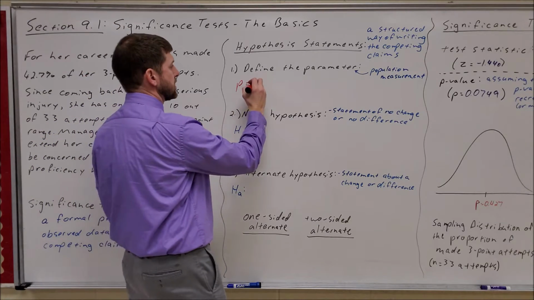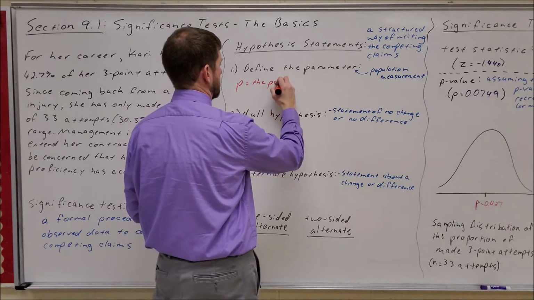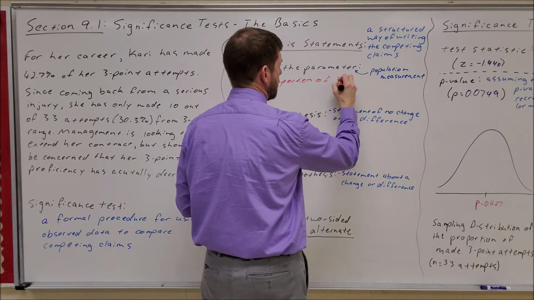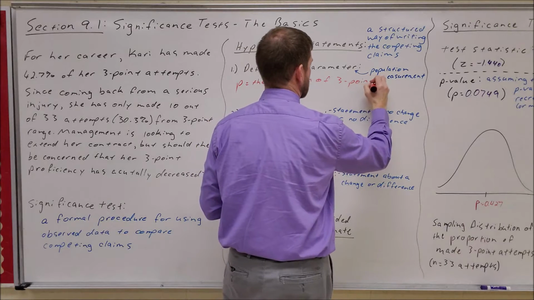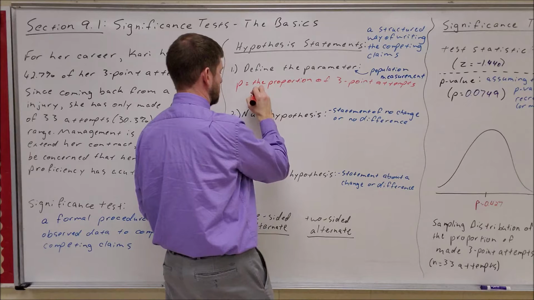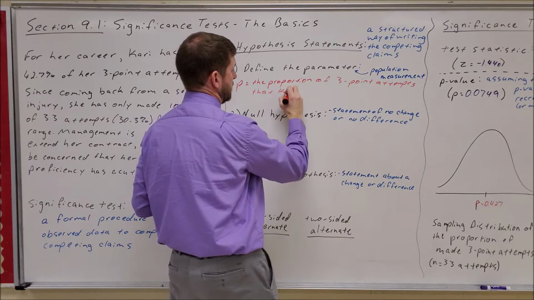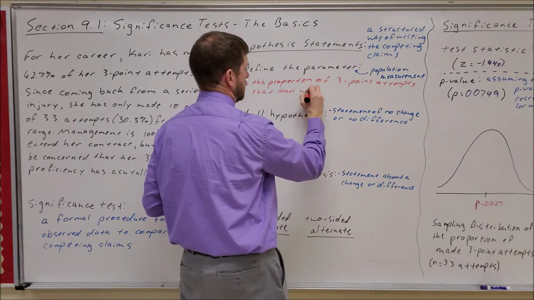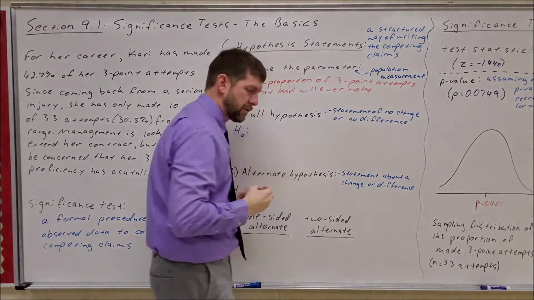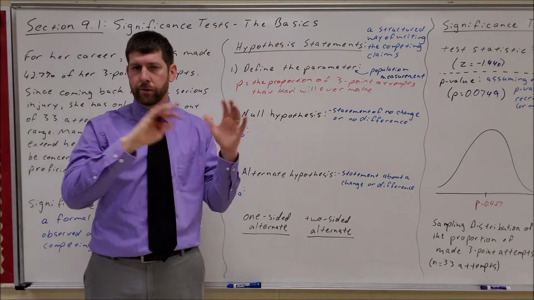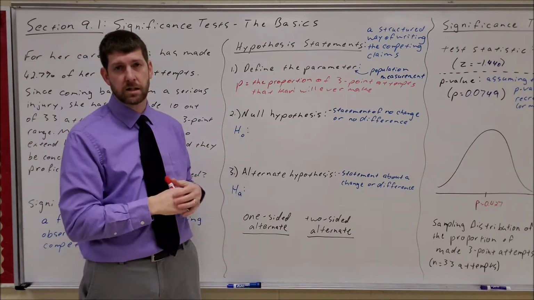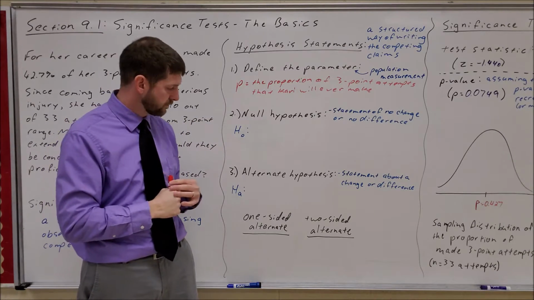So p is just the proportion of three-point attempts that Carrie will ever make. Just out of the entire population of all three-pointers that Carrie will attempt, p is going to be the proportion that she makes out of all those.